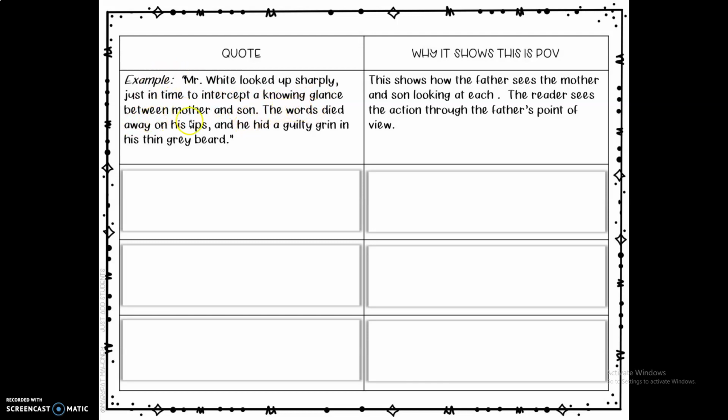The words died away on his lips, and he hid in a guilty grin his thin gray beard." This shows the father sees the mother and son looking at each other. The reader sees the action through the father's point of view. Okay, so this is the explanation. This is the direct quote. And notice that you need to have quotation marks around your quote.